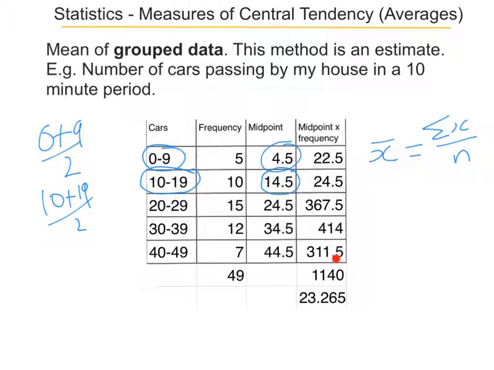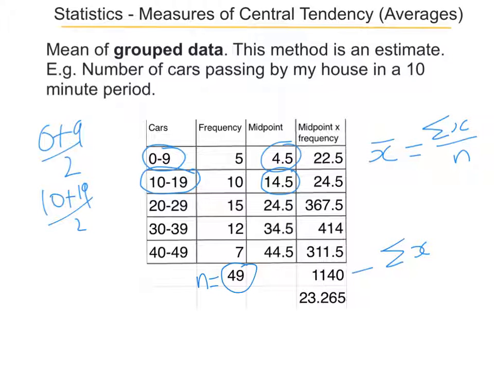When I total all these up, I get the value of the sum of all the x values, or at least an estimate of it, because we did guess what the values in each group, each interval, were. Underneath here, I've added up all of these frequencies. So that's going to be n.